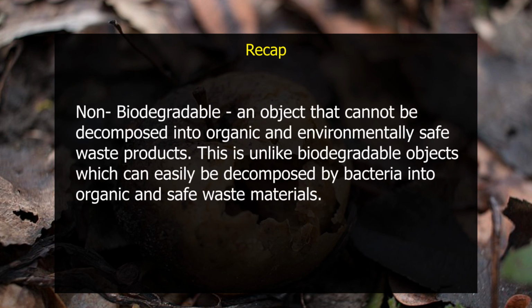Non-biodegradable, for example, is an object that cannot be decomposed into organic or environmentally safe waste products. This is unlike biodegradable objects, which can easily be decomposed by bacteria into organic and safe waste materials.